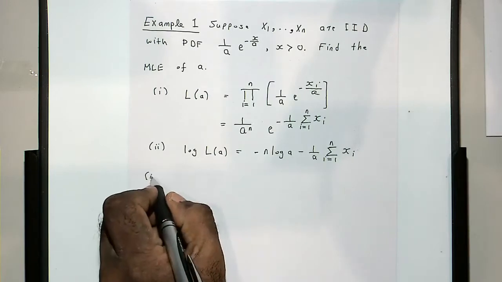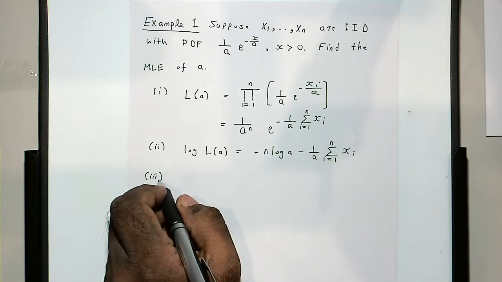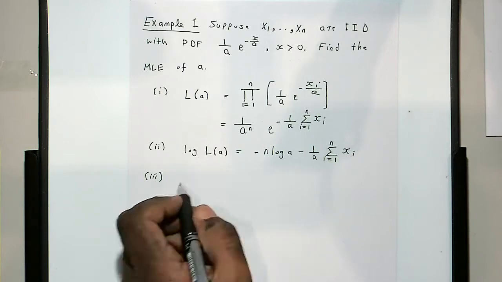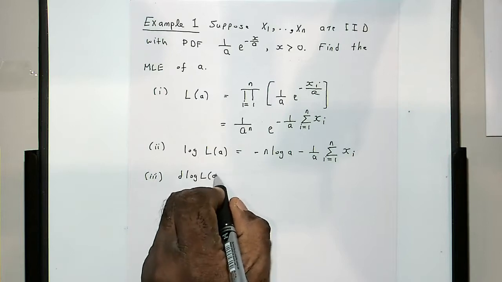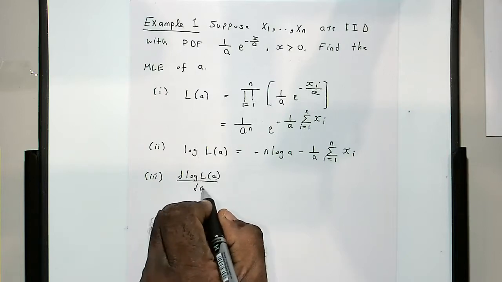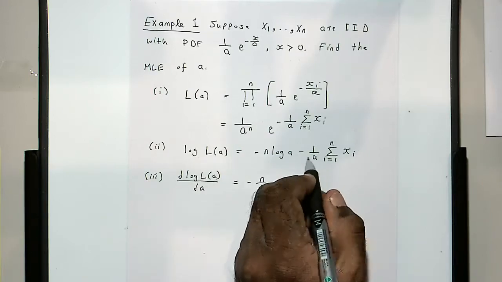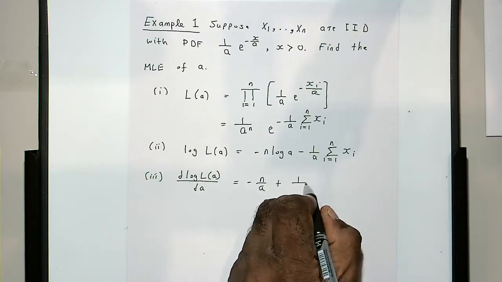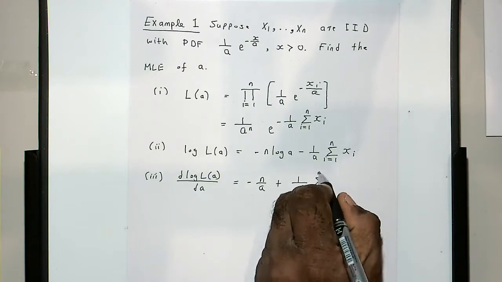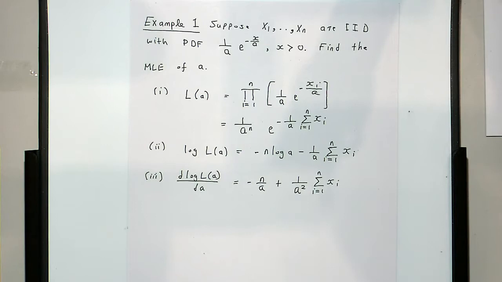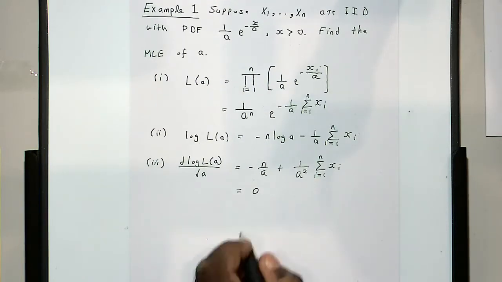Part 3 is to differentiate the log likelihood with respect to theta, which in this case is A. If you differentiate the log likelihood with respect to A, you get minus n over A, and the derivative of this gives you plus 1 over A squared times the sum of log of xi. Now I'm going to set this to 0.